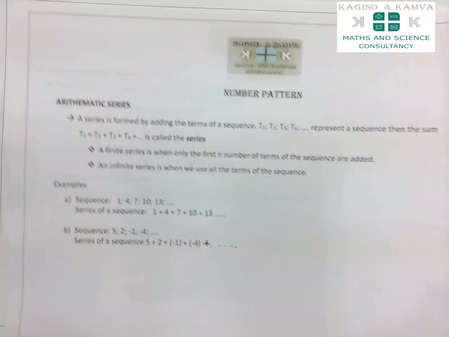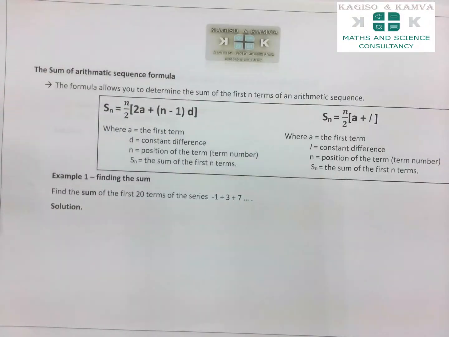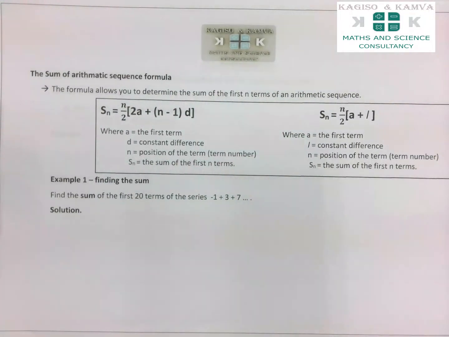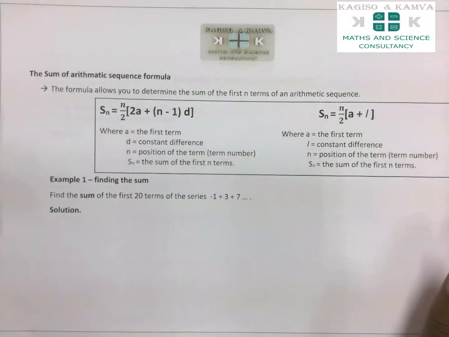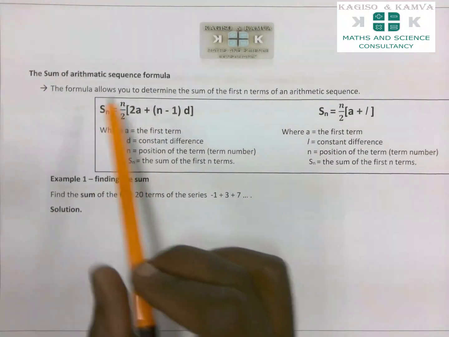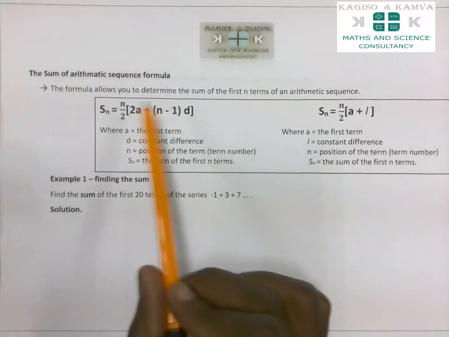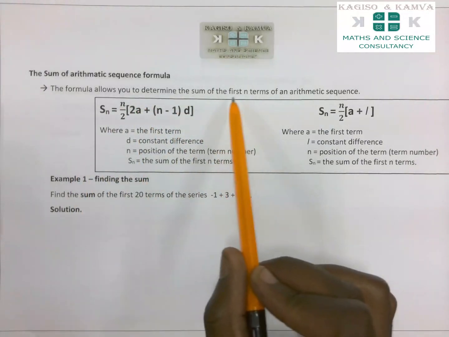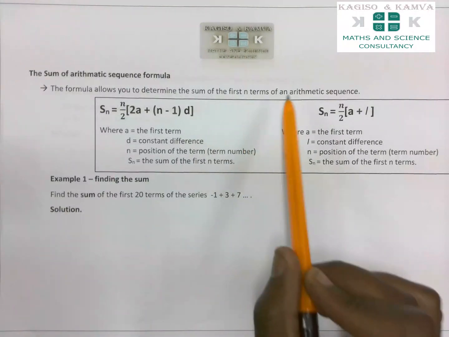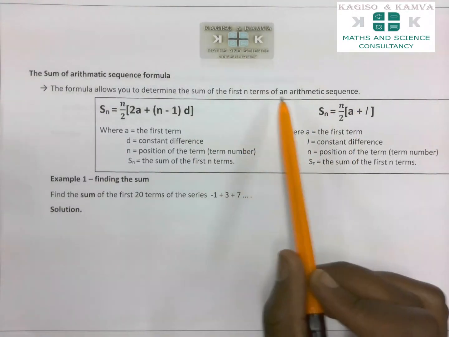Now let us move to the next thing, which is the sum of the arithmetic sequence formula. The formula allows you to determine the sum of the first n terms of an arithmetic sequence.